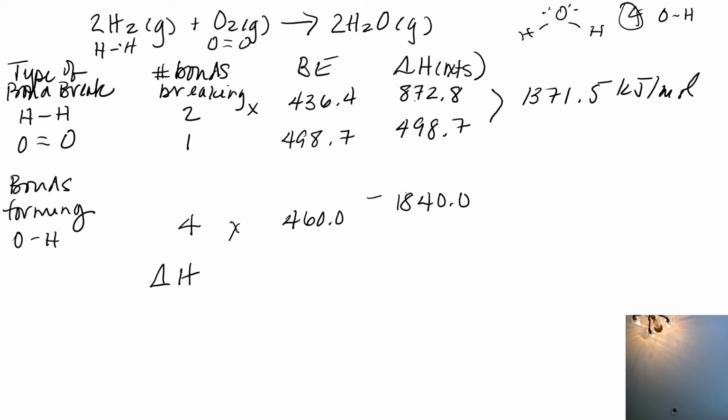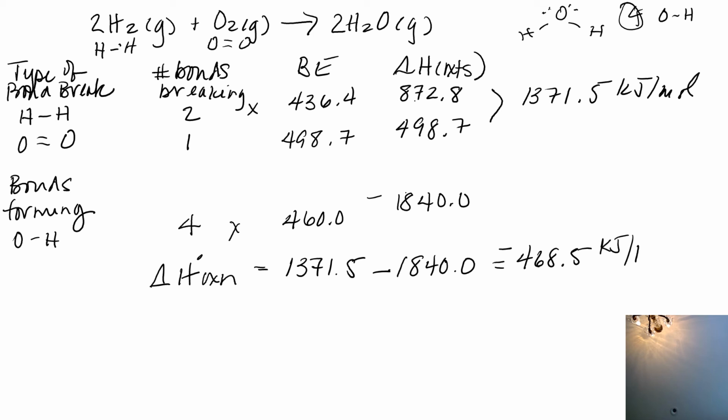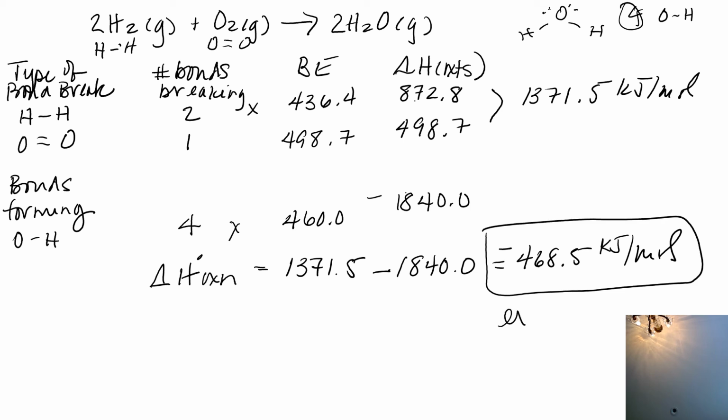So our delta H here for this reaction is the 1371.5 minus the 1840, and that gives us 468.5, and that's a negative kilojoules per mole. An exothermic process.